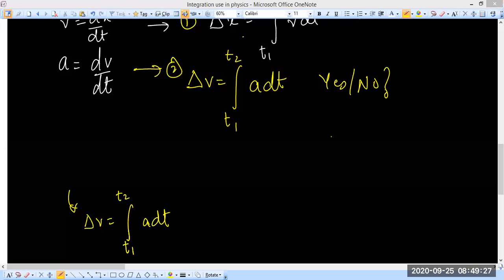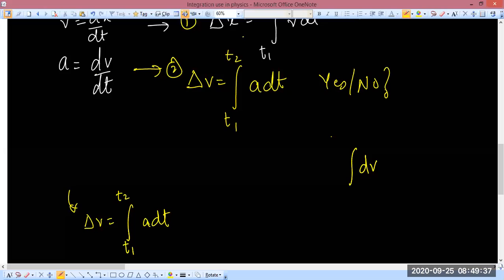Delta v, not d. This is clearly delta v. See, everyone, over here it was dv. But when you do integration, the integration of dv will become v, and then you have to put limits, v1 and v2, or v0 and v. Make sense?